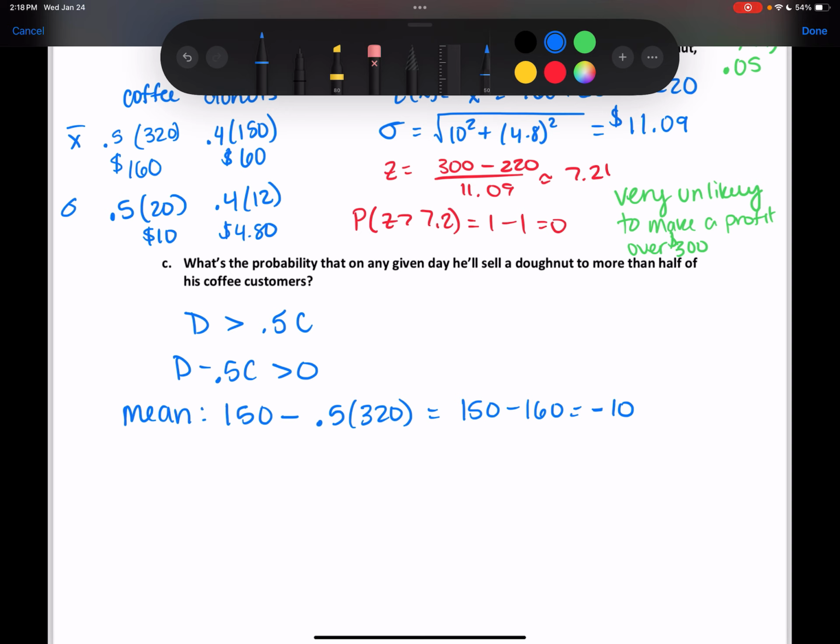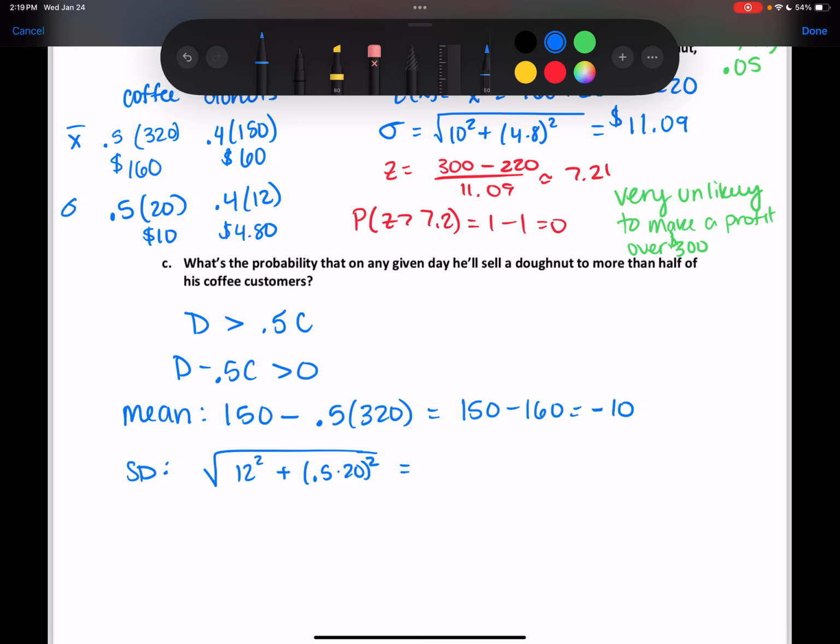So then standard deviation, I'm going to have to do the square root of 12 squared. Remember, we can't subtract, we have to add. So plus 0.5 times 20, and that number squared is 244.